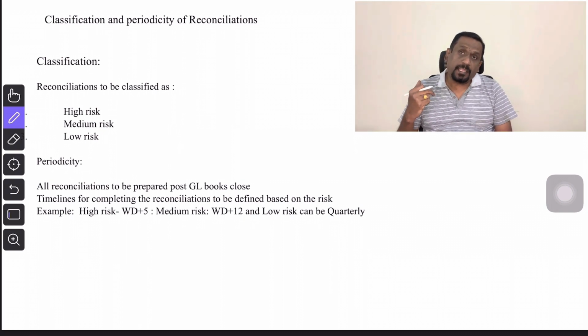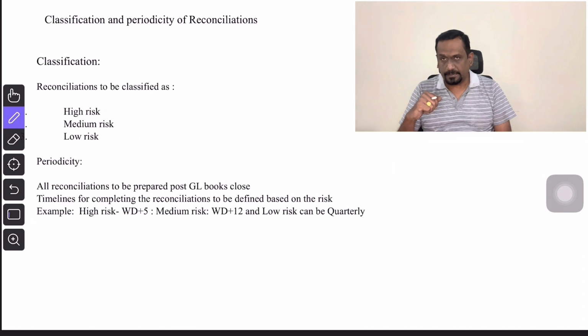How frequently do we need to define this high risk, medium risk, and low risk? In general, the majority of the companies review this risk assessment process on a quarterly basis. Some companies do this risk review on a half-yearly basis. Some companies can do it even on a yearly basis.